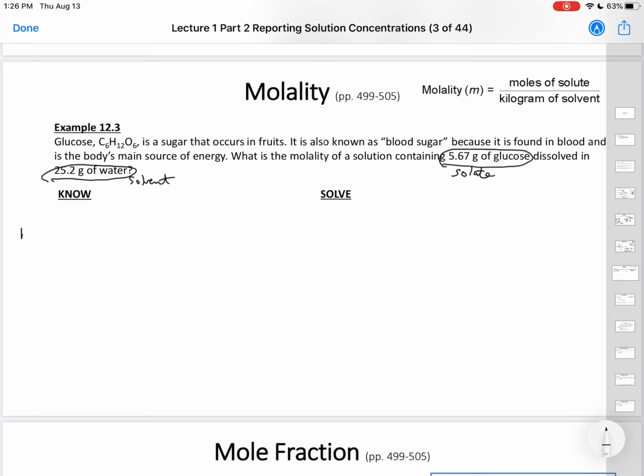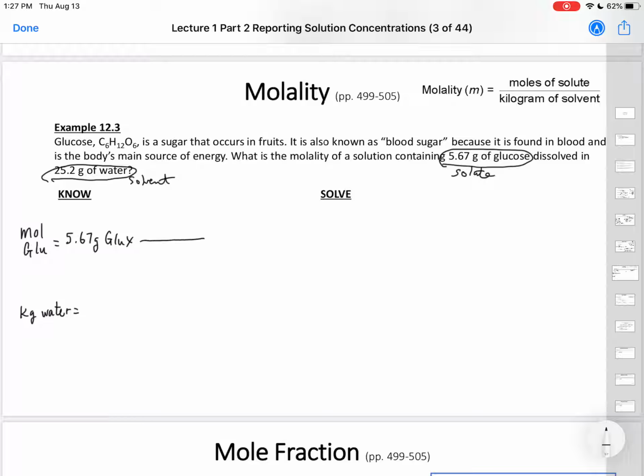Okay, so let's write down what we know. We would like to know moles of the solute, in this case, glucose. And we would like to know the kilograms of the solvent, in this case, water. So we need to do some conversions, and we're going to do it underneath 5.67 grams of glucose.